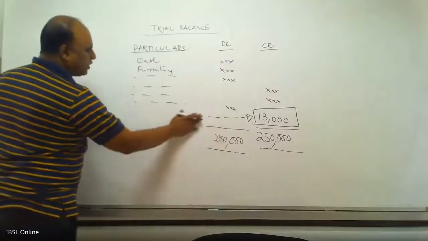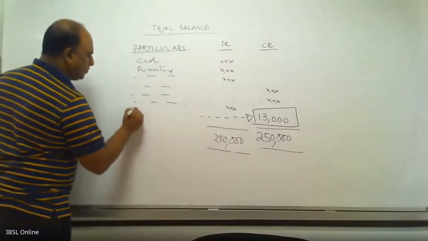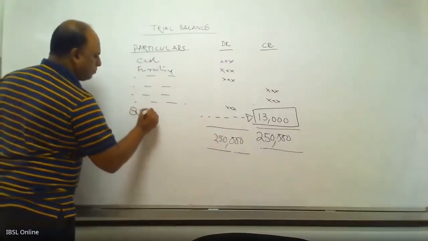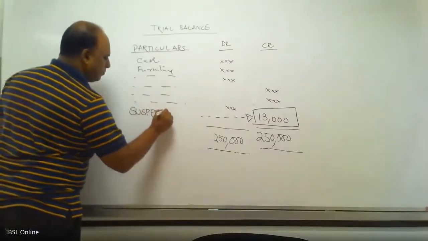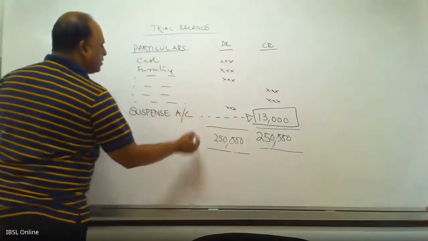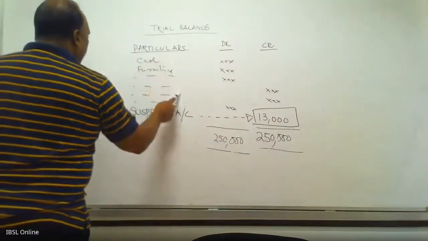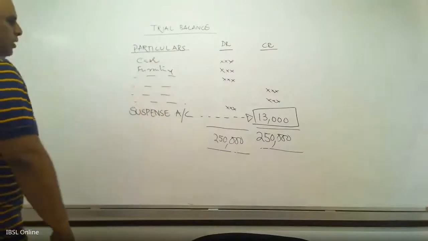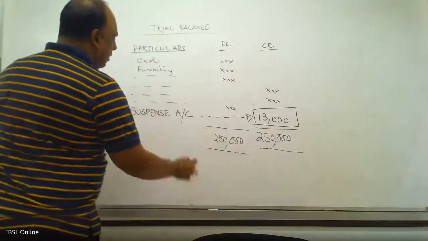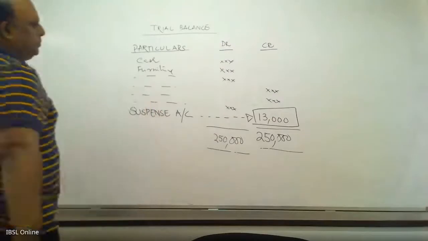Therefore, I call this a suspense account. Due to this reason, I call this account a suspense account, because it is not an account which I have taken from my ledger. Just for the purpose of balancing this trial balance, I have brought this in.